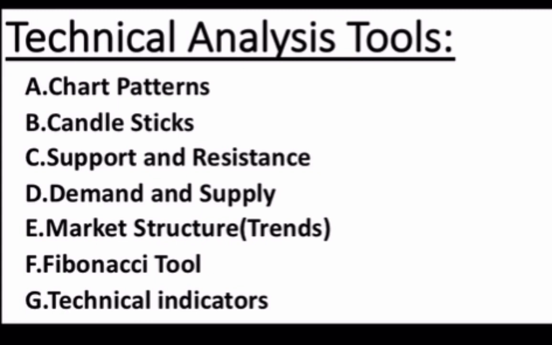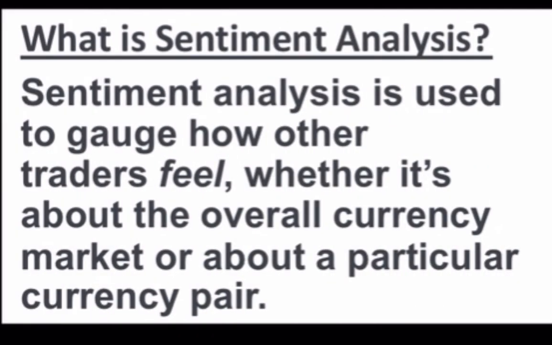The last analysis that traders make use of is what is known as sentimental analysis. Now, you may ask yourself, what is sentimental? The word sentimental simply means grapevine, simply means opinion. My opinion about something may not be the same opinion that you have about something.